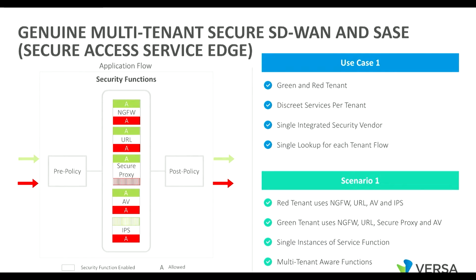But if I get this network, and this is the vision of 5G, that is low latent, high bandwidth, and has access to almost infinite compute, then what I might be able to do is take a thin down client that might have my next gen firewall, might have my secure proxy in it, but then I take some of the URL filtering, the AV, the IPS, the data link protection, the deep packet inspection, all that type of stuff, and then move it to the cloud, right?